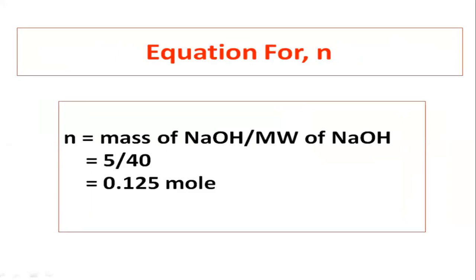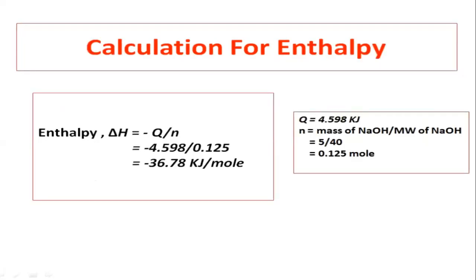That means mass of solute will be 5 and molecular weight of sodium hydroxide is 40. So N equals 5 divided by 40 equals 0.125 mole.